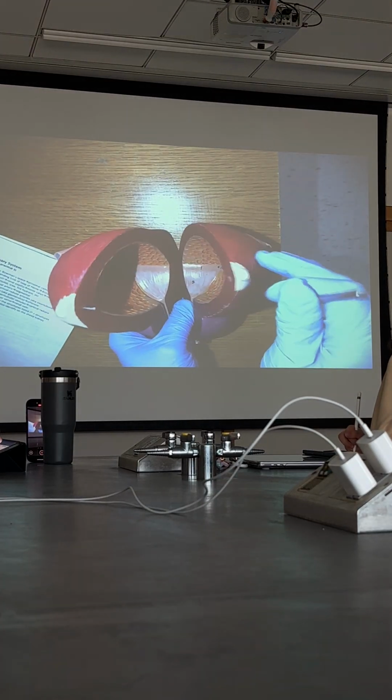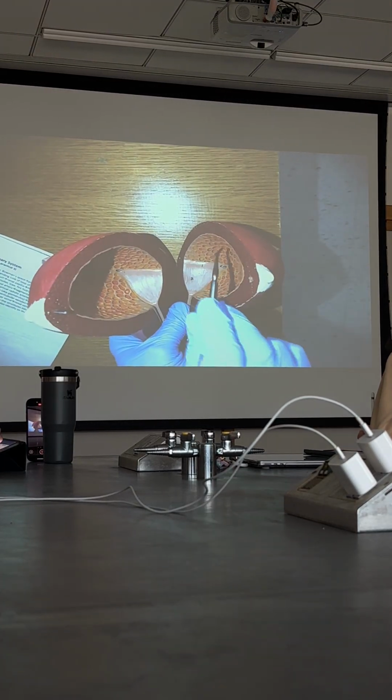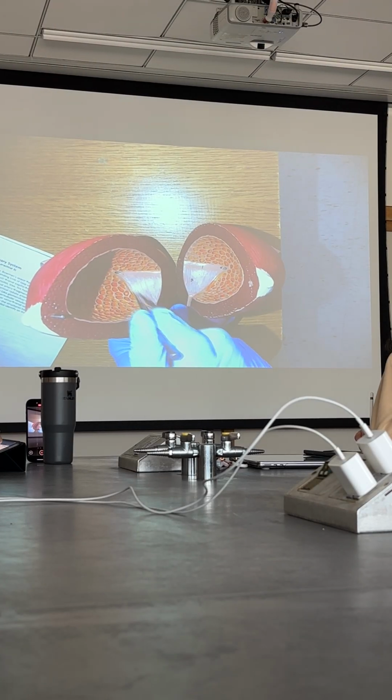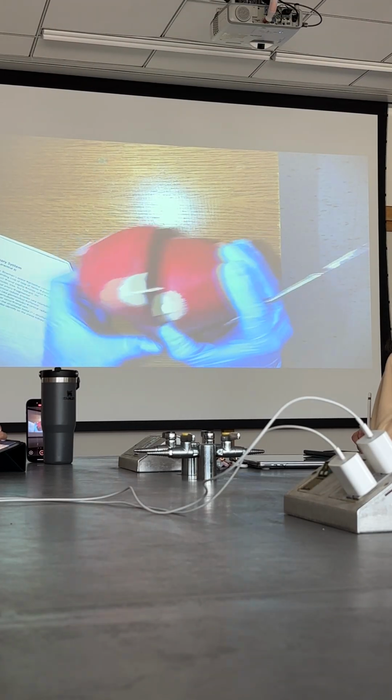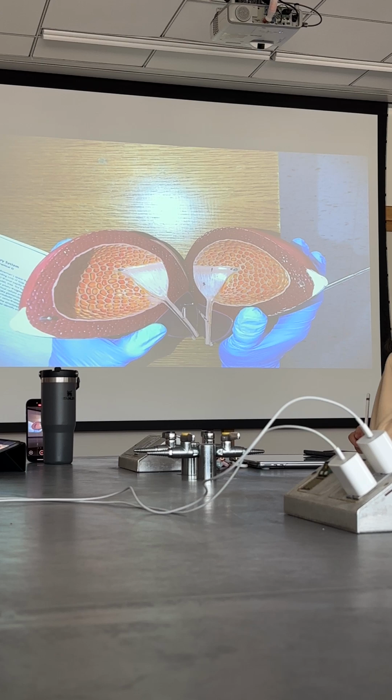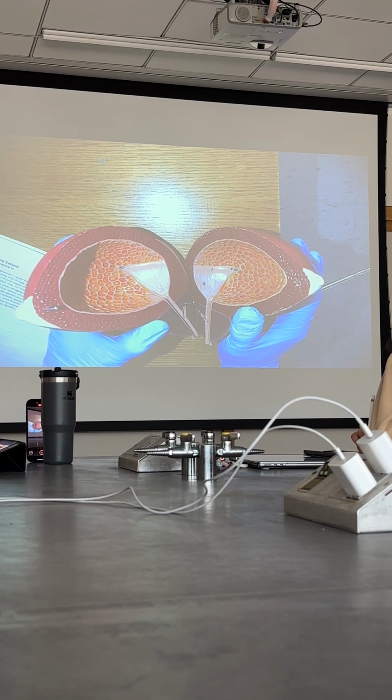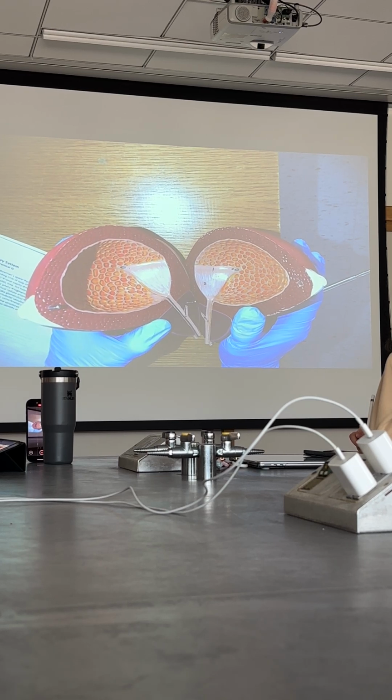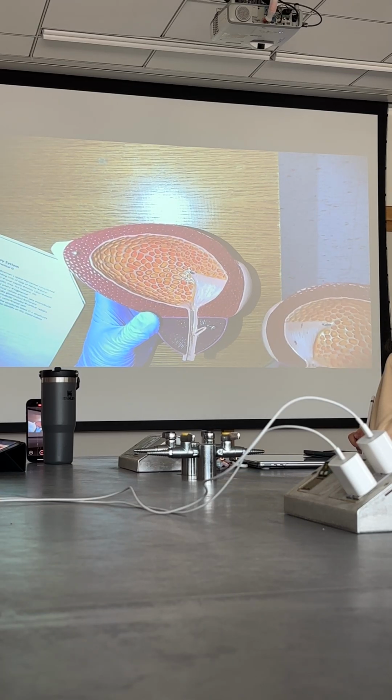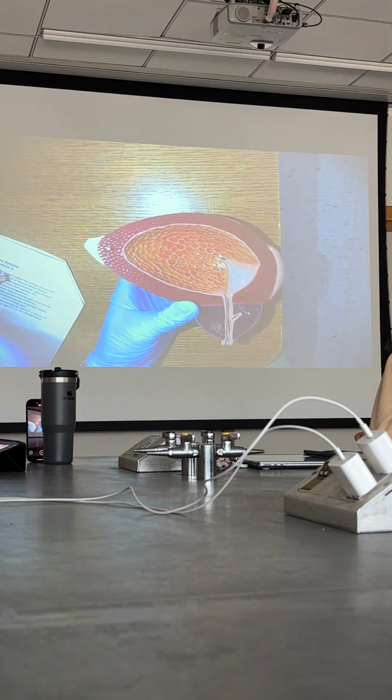If you connect those three, you make a triangle called the trigone. That's the lowest part of the bladder. When you're standing or sitting, that's the first place where the urine will start to build up, in that trigone.